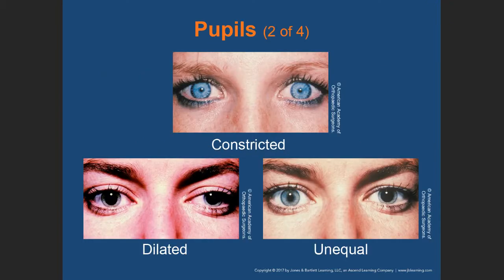Now, these are the reactions that can occur that you might need to be concerned about. At the top here, if you shine the light in the pupils and they look pinpoint like this, that is what we call pinpoint pupils. This would be a patient that has overdosed on a narcotic analgesic agent.